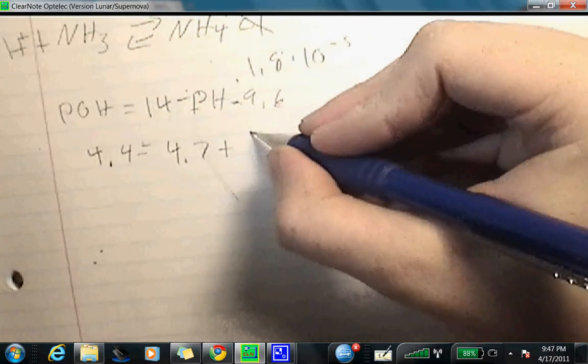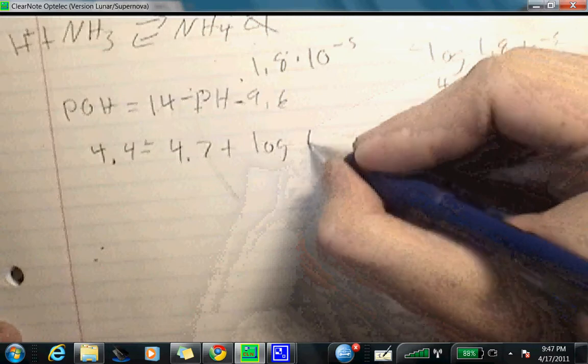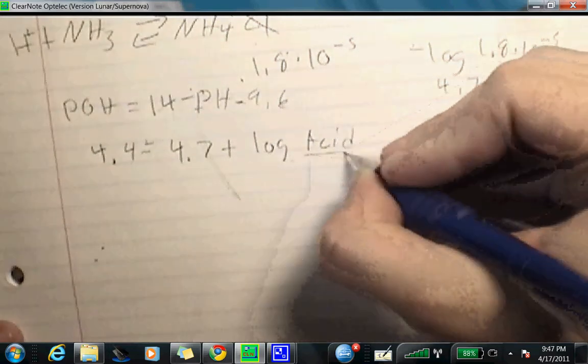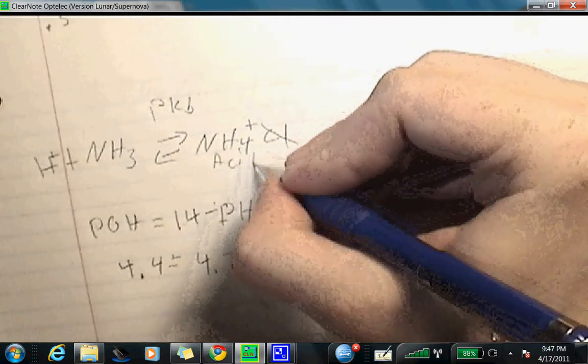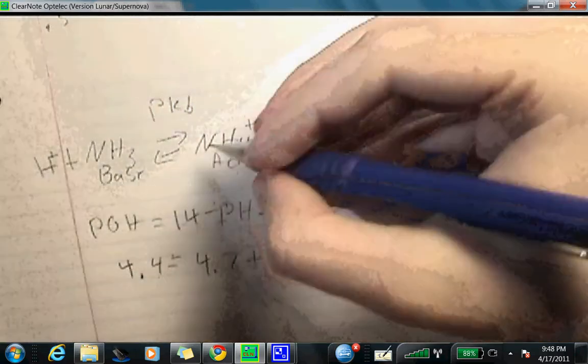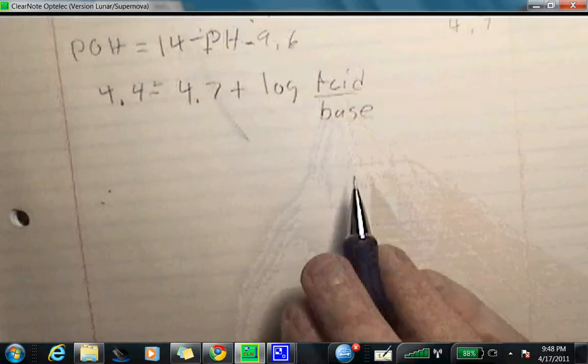Plus log, and because we're using that one, it's going to be reversed, so it's going to be the acid over the base. Go back up here and label this. So it's going to be products over reactants.